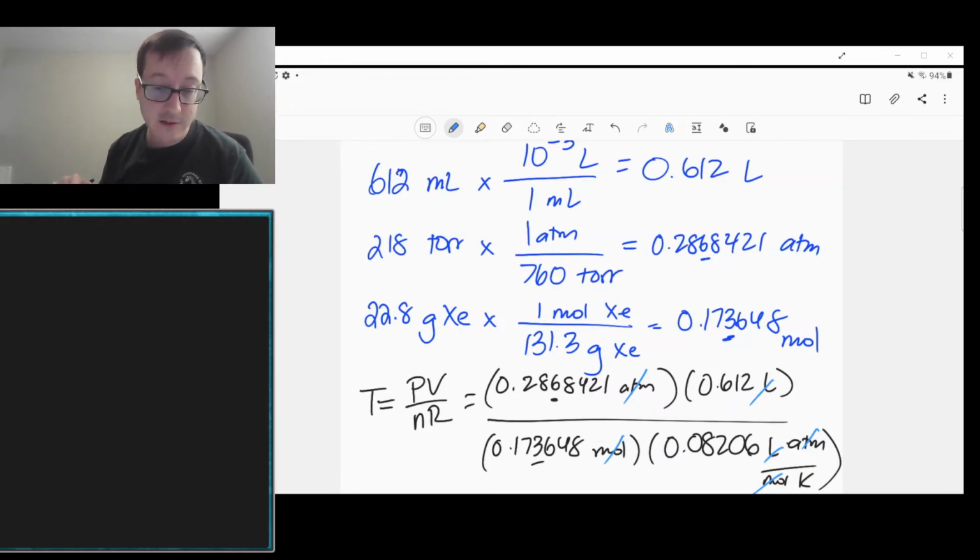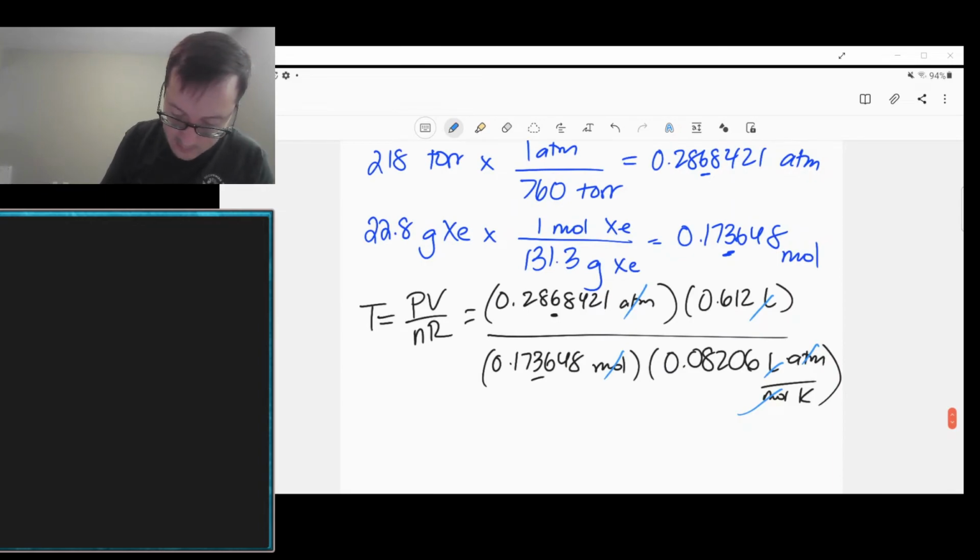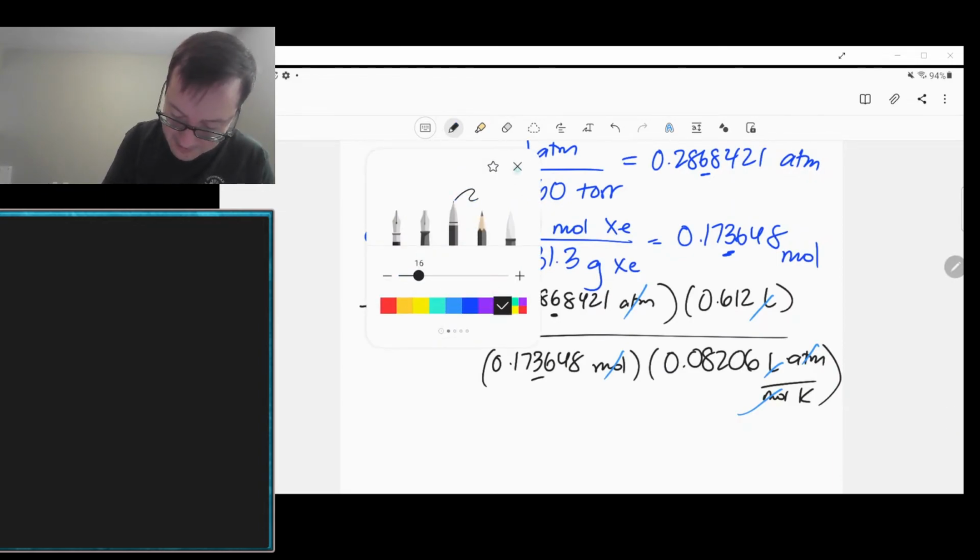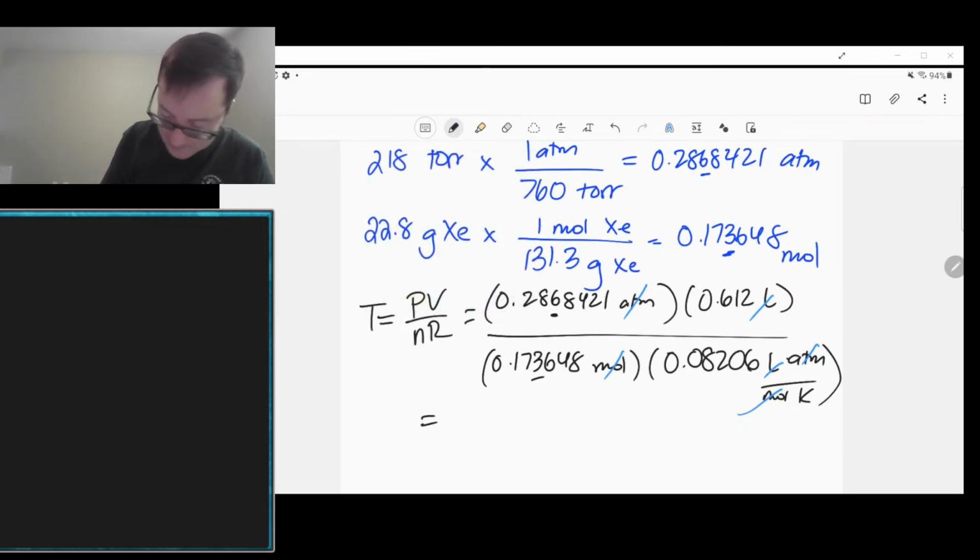So I would do at least two more spaces if you're going to use a calculator before rounding, and then keep your sig figs. That number divided by 0.08206, and so wow, the temperature is quite low. We get 12.31949 Kelvin.